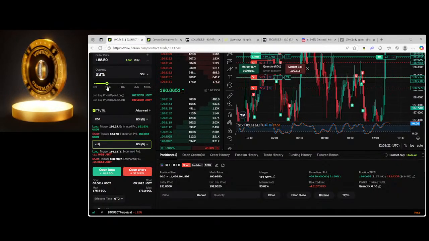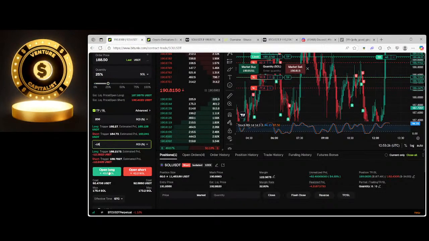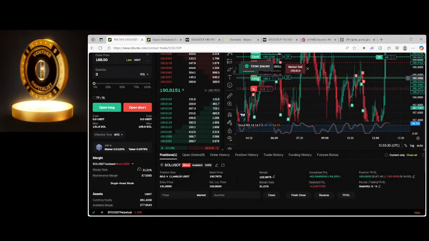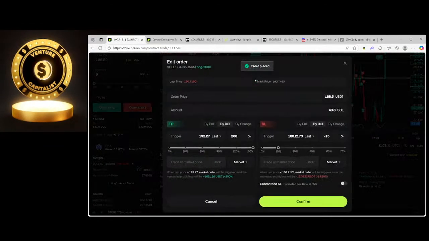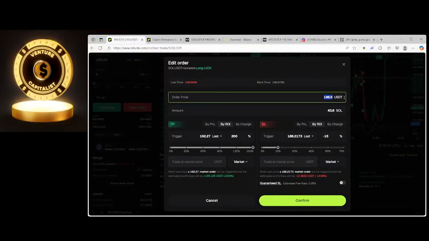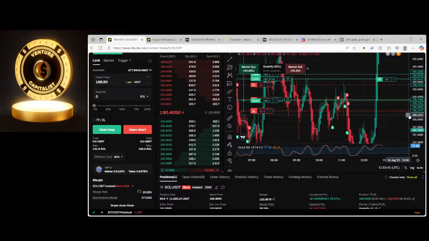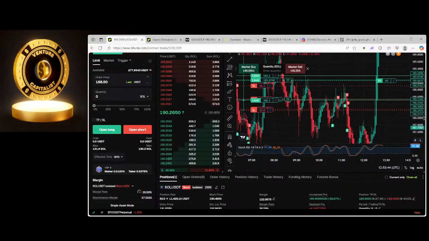Half of that would be 140. So let's go ahead and set that 140 right there. Hit enter long, and now you will see that now I have a limit order right here for 188.50. Stop loss 15%. Take profit at 192.27. And there you go. And that is how you set a trade.